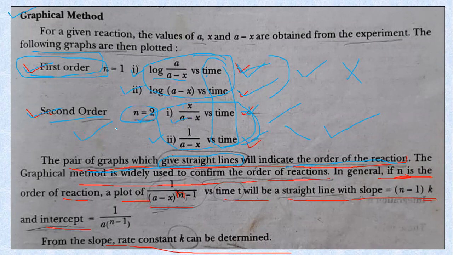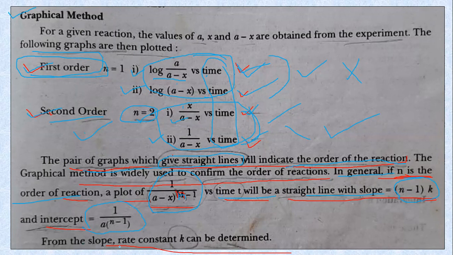Okay, so in general, if n is the order of reaction, a plot of 1 upon (a minus x) raised to n minus 1 versus time t will be a straight line with the slope (n minus 1) into k and intercept 1 upon a raised to n minus 1.